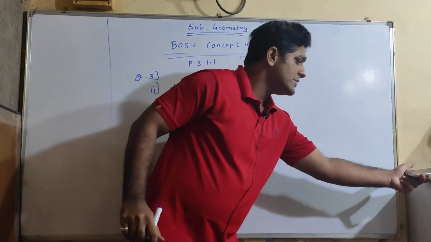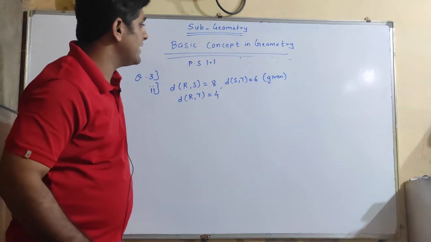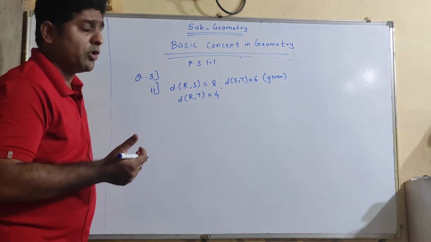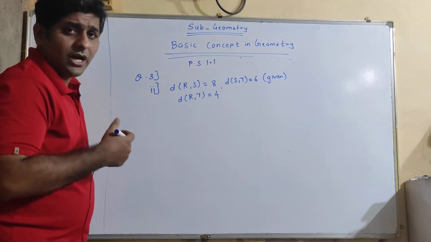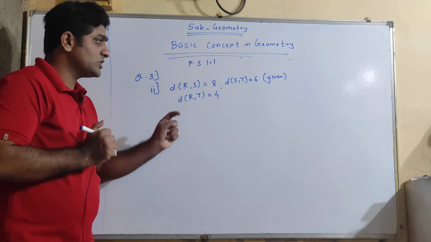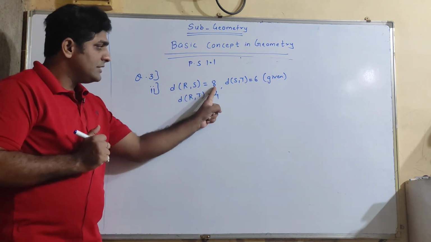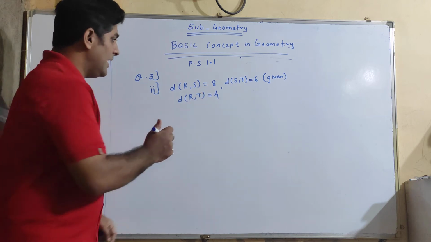Now students, here we need to find out whether there exists a betweenness property among the points or not. Now how to find out? As I told you, students, first find out which is the greater distance. Here the greater distance is distance RS.